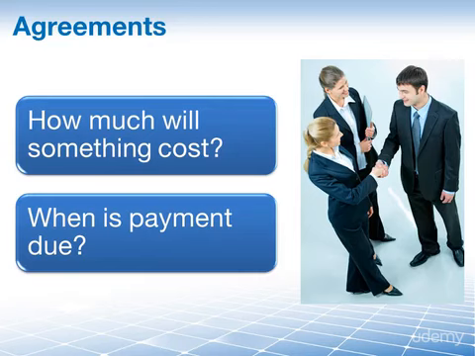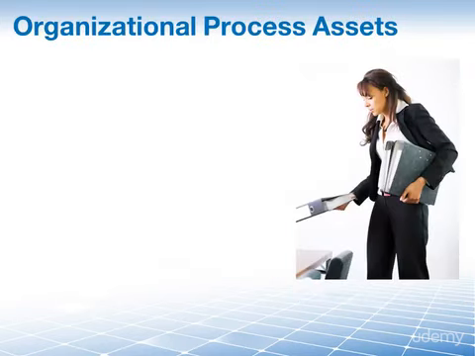That is important information because we are, after all, creating a time-phased budget, and we have to know when payment is due. Our final input are the organizational process assets. Here it's worth noting that companies themselves have a certain approach to how they determine a budget.